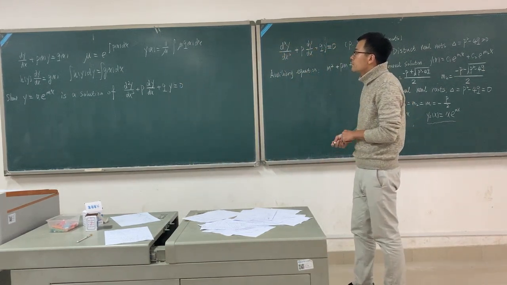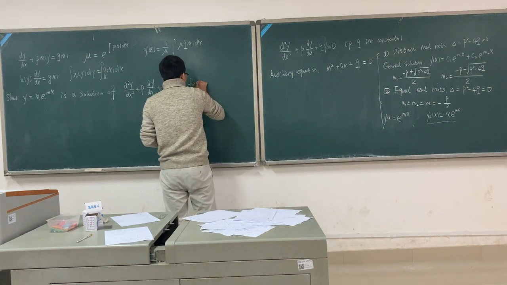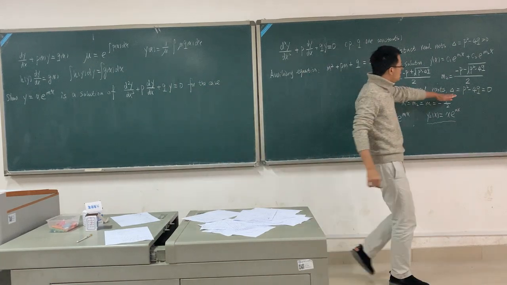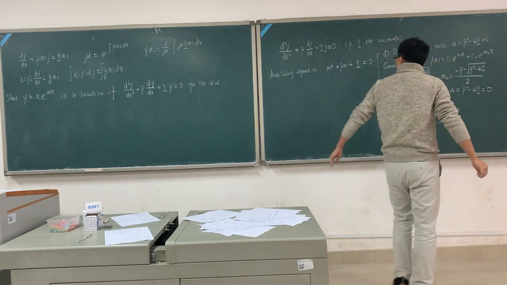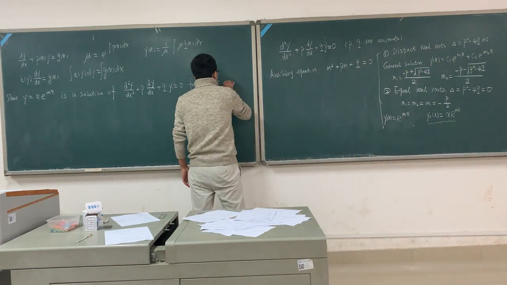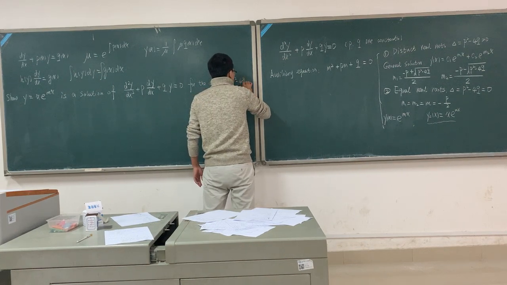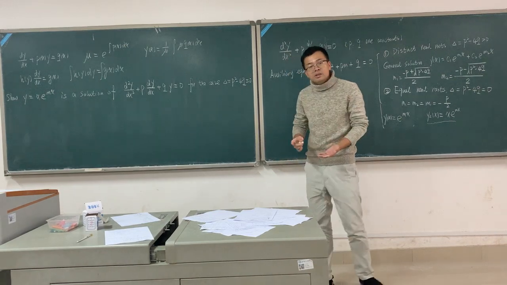So here, for the case delta equal to p squared minus 4q equal to 0, it's easy to show.